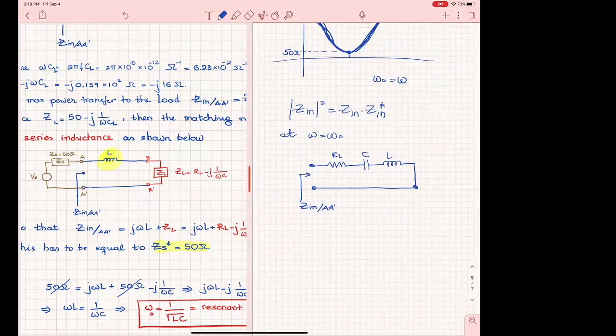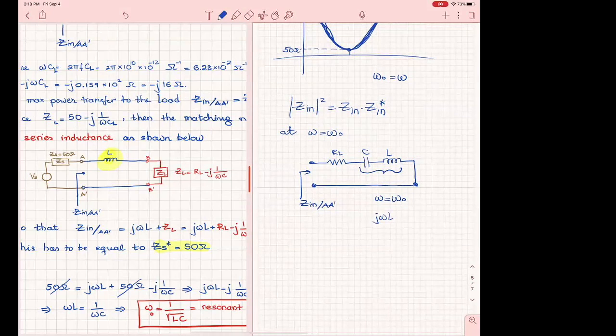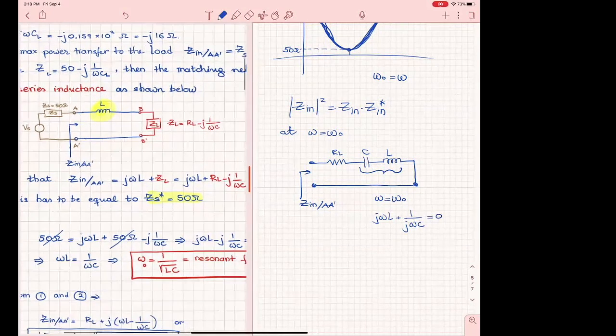When this goes to 0, because that's what happens at omega equals omega naught, so your J omega L plus 1 over J omega C goes to 0, then this part of the circuit is in a state where no current flows through it.